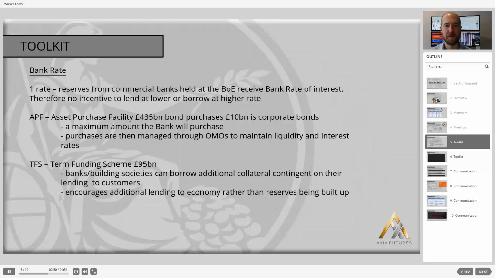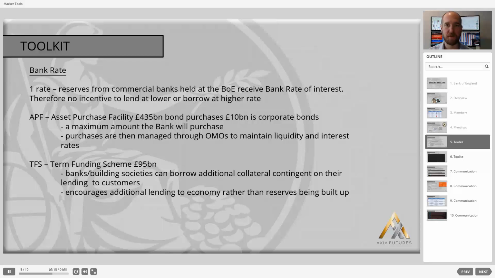The idea of this scheme is that banks and building societies can borrow additional collateral on the basis that this is then lent out to customers. The idea here being that they can receive extra money, so that it is effectively extra QE. That allows you into that trade. However, I'll try and talk that one through in the coming slides.